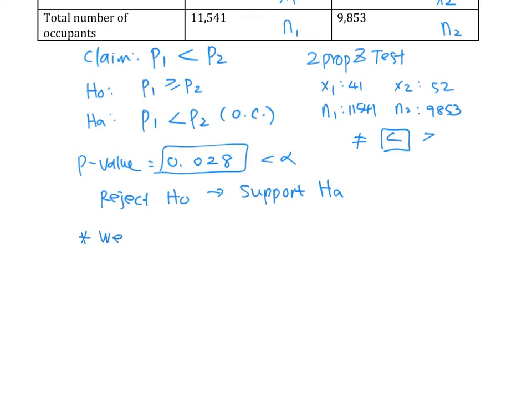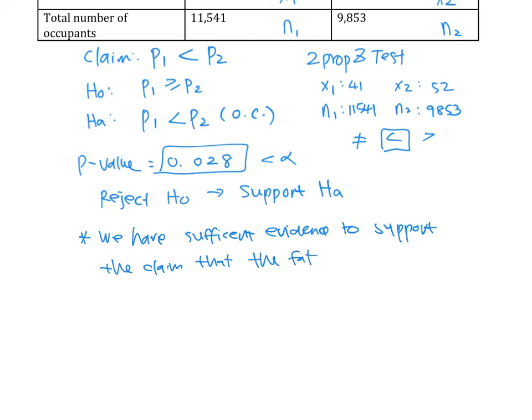That means we have sufficient evidence to support the claim that the fatality rate for P1, which is the airbag, is lower than the without.